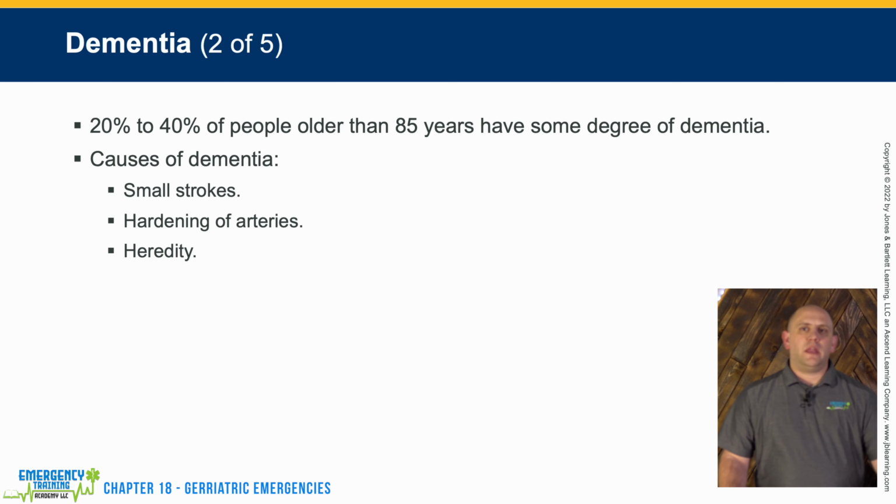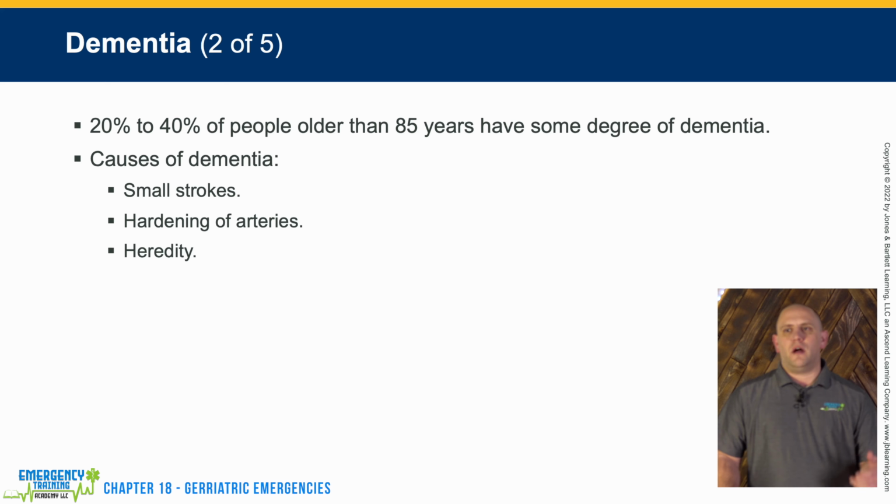It is estimated that anywhere from 20 to 40% of people older than the age of 85 have some degree of dementia. This is also known as senile dementia. It's a general term used to describe the abnormal decline of mental function seen in our elderly populations.